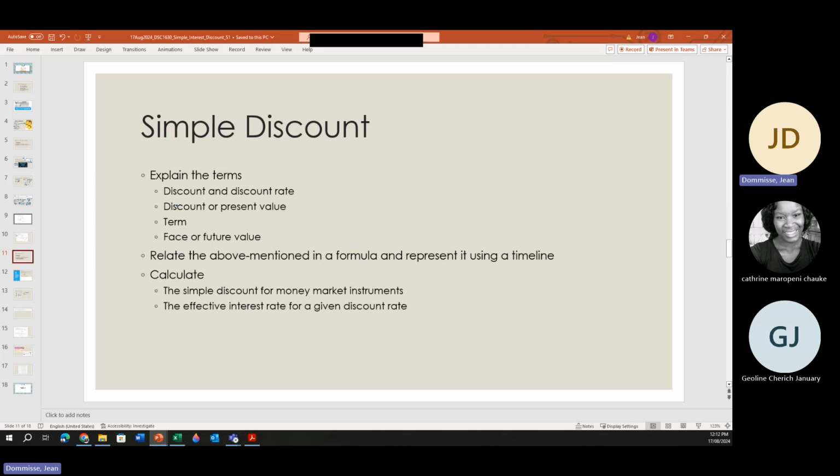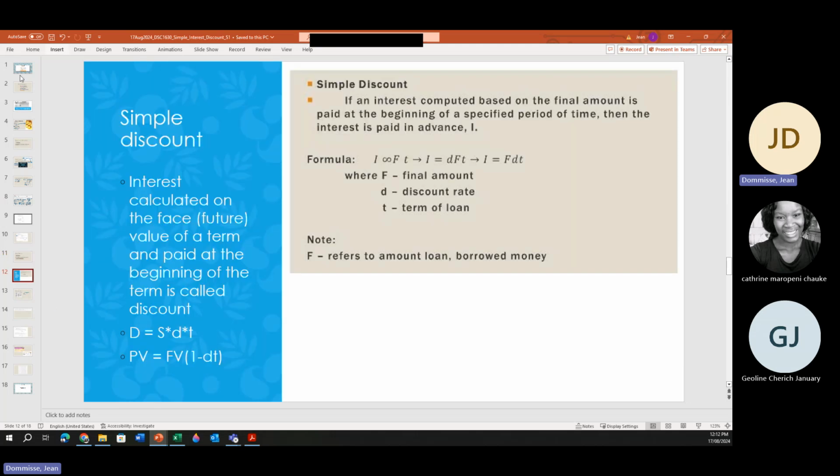Something that might be similar in a sense is if you put something on lay-by, but then it is more likely that you will pay more. So simple discount is not really a thing that is being used anymore a lot.